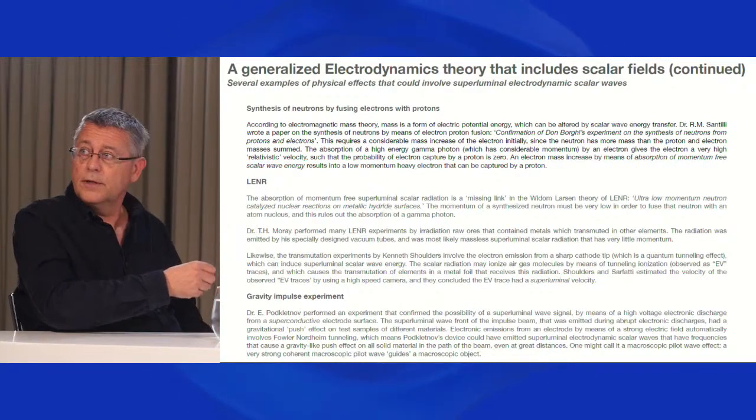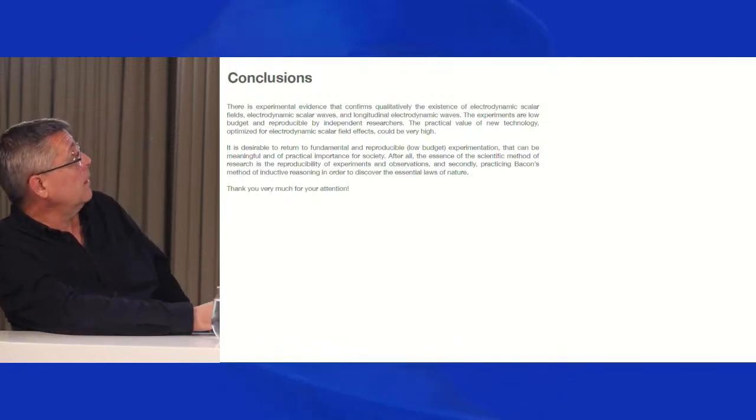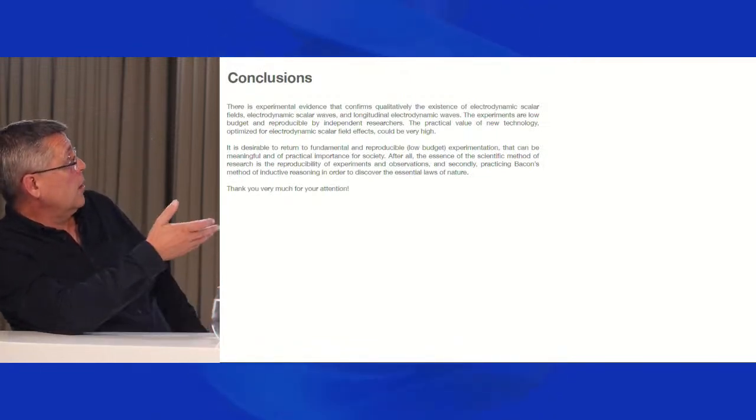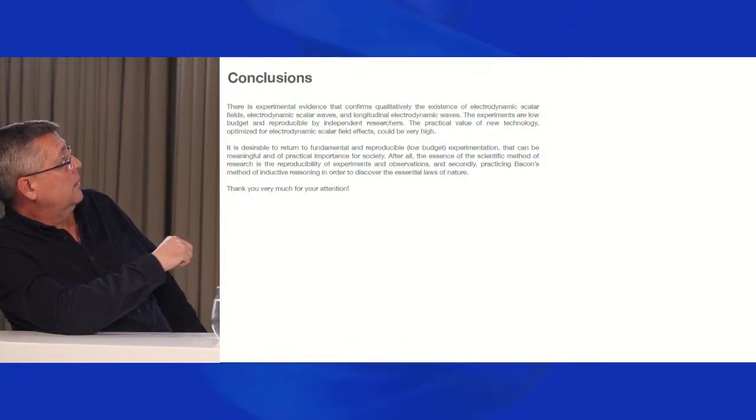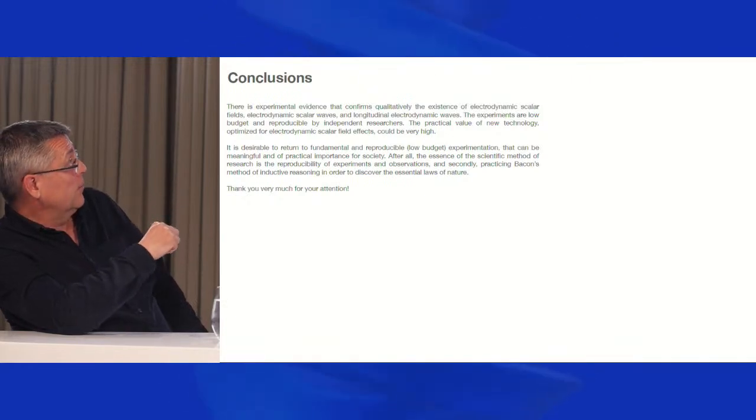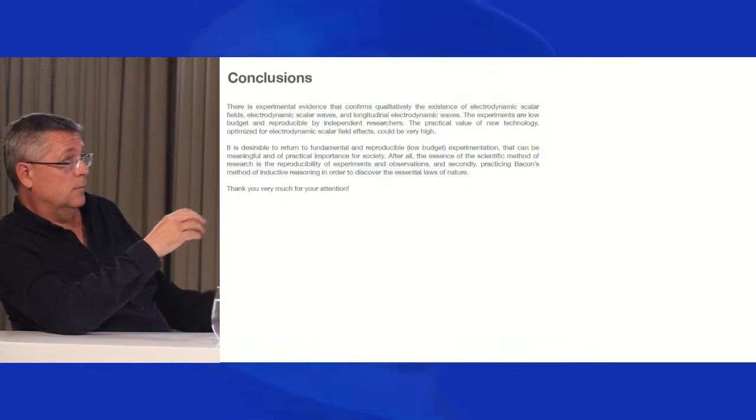Next slide, please. So I come to some conclusions: that the experimental evidence confirms qualitatively the existence of electrodynamic scalar fields and of electrodynamic scalar waves and longitudinal electrodynamic waves, which is more or less the same.